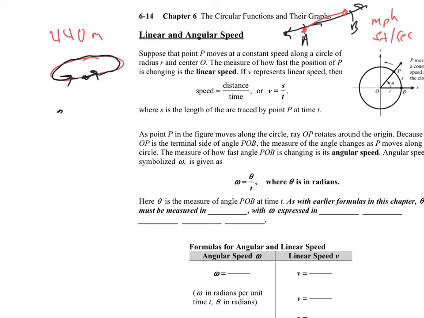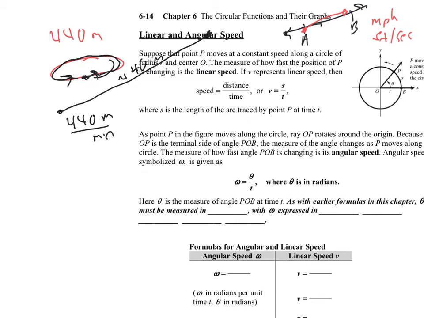If you spread that distance out, there's your 440 meters. And let's say you did 440 meters in a minute. That would be 440 meters per minute. That's linear speed, even though you were going around the circle.